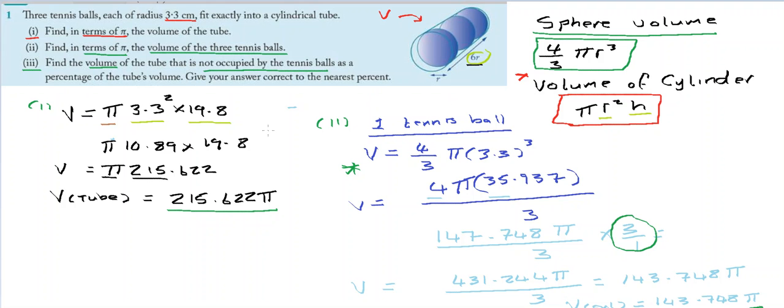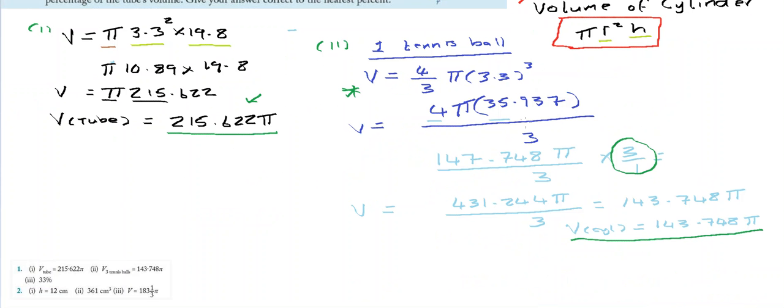So this is the volume of the tube here, and this here is the volume of the tube that is occupied by the 3 tennis balls. So what we can do is take this number from this number.